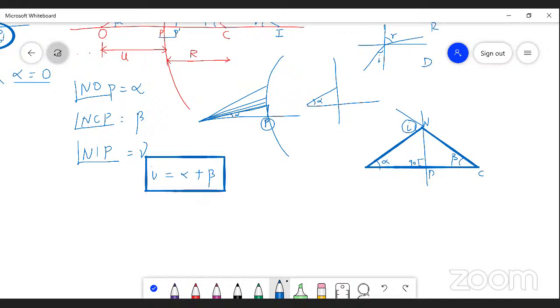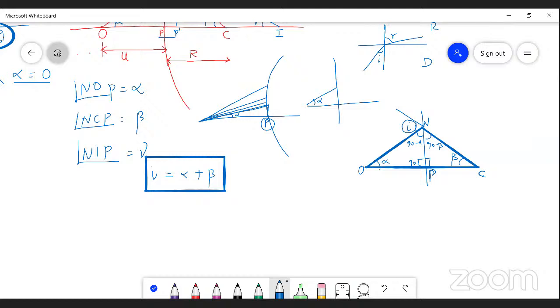I want the proof. See, this is alpha, N, O, P. This is N, C, P, beta. Angle NPO is 90 degrees, so what is this? 90 minus alpha. And NCP is beta, so this is 90 degrees, what is this? 90 minus beta.